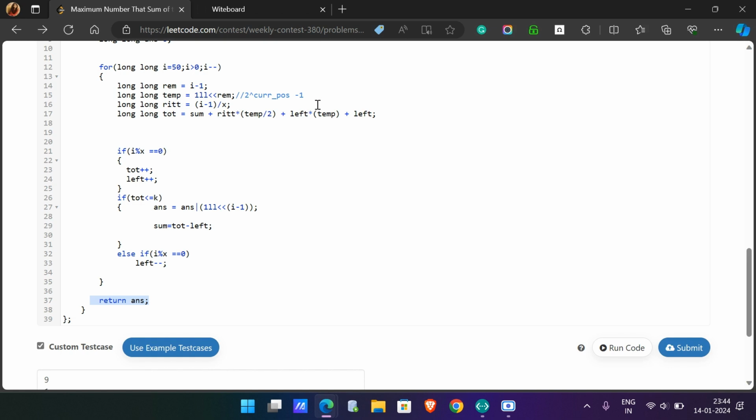So I've calculated for the left, for the right, the previous sum, and the minimum price that I will have if I put 1 at the current position. Then I'm exceeding by 1 if the current position is divisible by x. And then just checking: if it is less than k, okay, I will be able to put 1 over here, and then I'm just modifying my sum. And if I won't be able to put 1 at my current position, and this is a valid position, then I'm just reducing left because I have already exceeded this. And then just returning my answer. So that's it for the video.